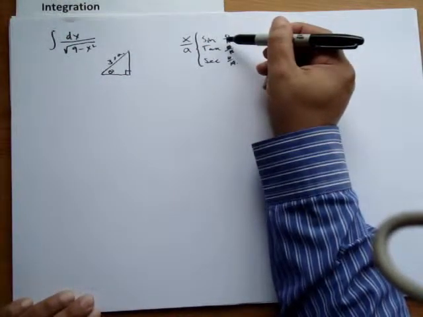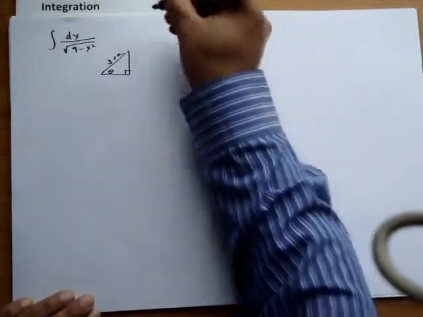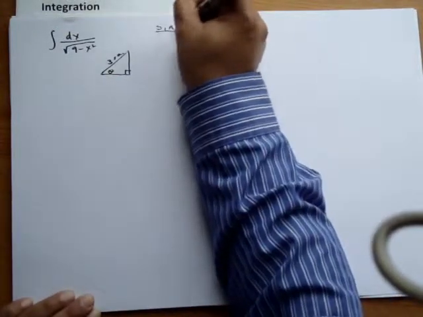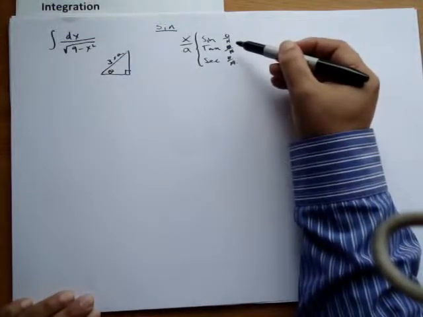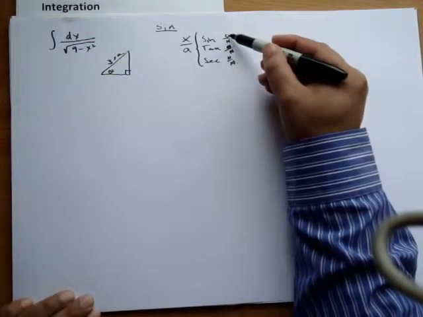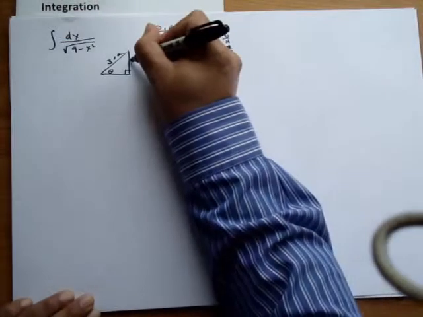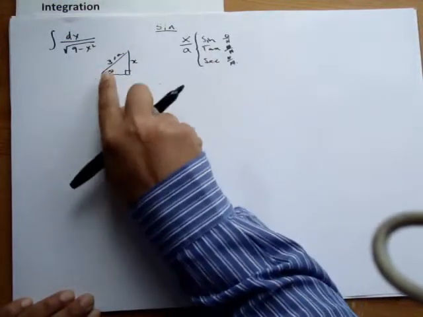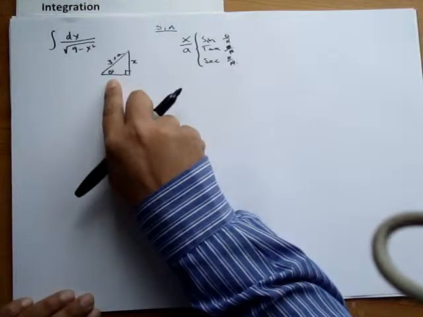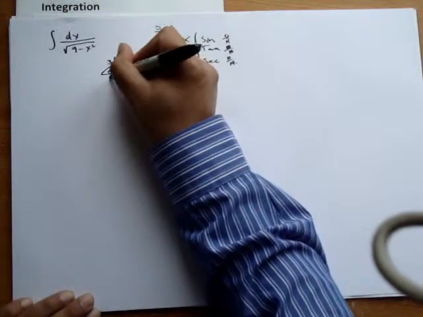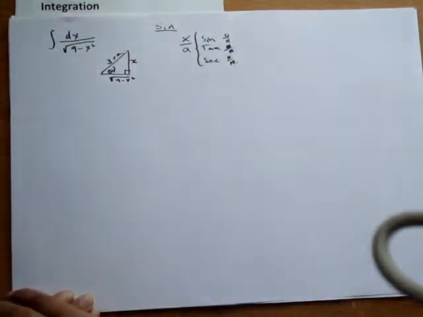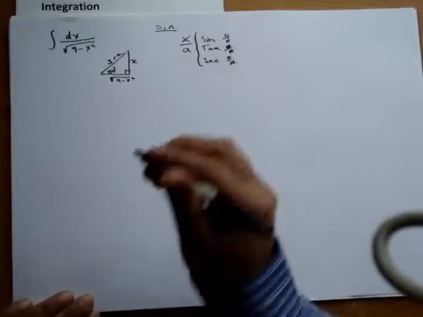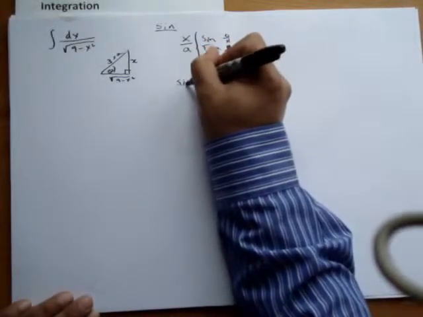So in this case, it's sine that we're going to use. Sine is opposite over hypotenuse, so the x will be the opposite. The a is the hypotenuse, so the adjacent must be the square root value, which is 9 minus x squared.